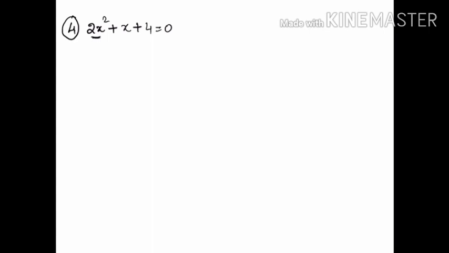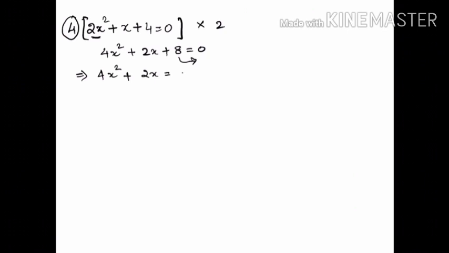So let's try that method over here. If we multiply this equation by 2, then we get 4x square plus 2x plus 8 equal to 0. Now we will shift the constant term to the right side. So 4x square plus 2x is equal to minus 8.